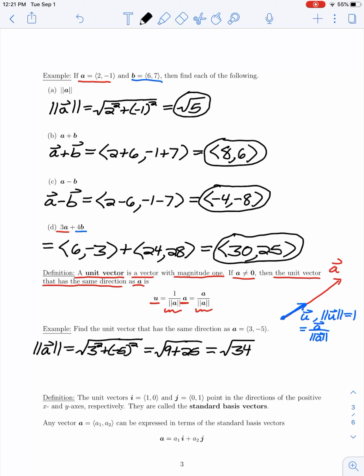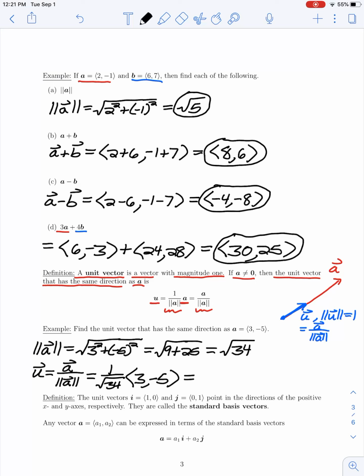So now, in order to find a unit vector, that is a vector of length 1, that points in the same direction as A, I would take u as the vector A divided by its magnitude. So I would have 1 over the magnitude, which was root 34, times the vector A, which was given as 3, -5.